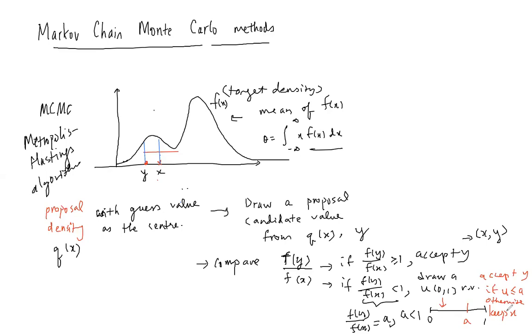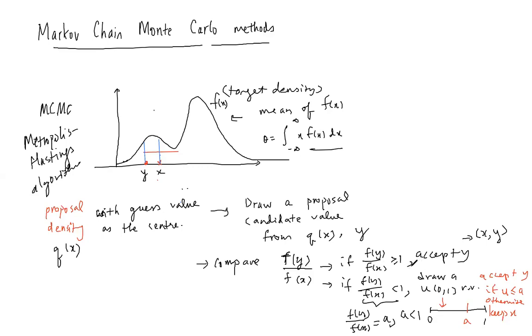All right. So the algorithm is actually very simple. It just does one round like this. Every time you will have a proposal density centered on the current guess, and then it will draw a random value, and after that, it will do a check like this. Check if the ratio of the two densities exceeds 1.